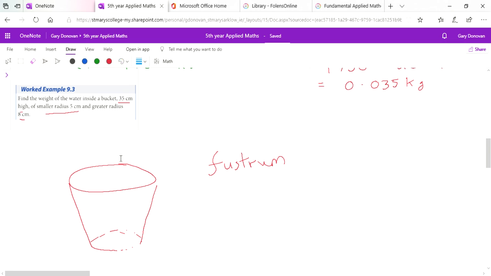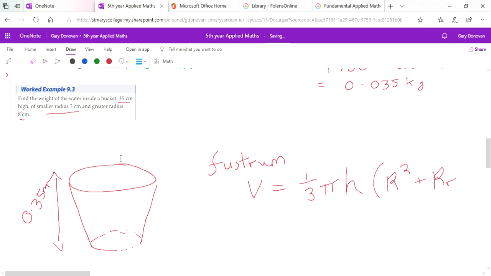A frustum, in your tables, there's a formula for its volume, and the formula for its volume is 1 over 3 pi times h, where h is its height, and they told us the height is 35 centimeters. Remember, put that in meters, 0.35 meters, times capital R squared plus capital R times small r plus small r squared.